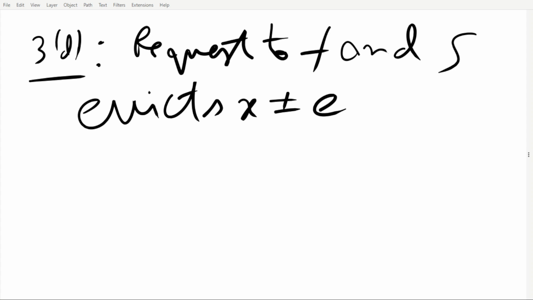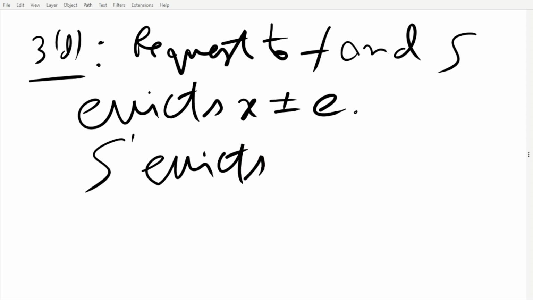So here S prime does the same. S prime evicts the same element X, since X is not equal to E. We have a request to F and S evicts X which is not equal to E, so this X is also present in the cache of S prime.